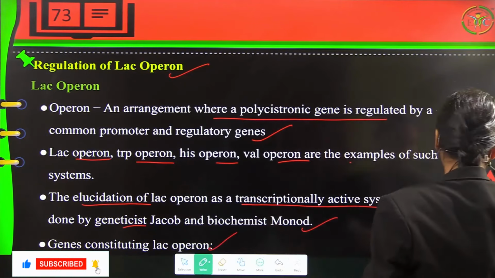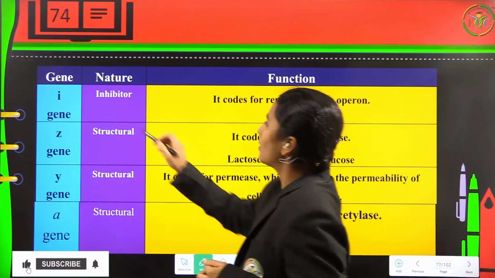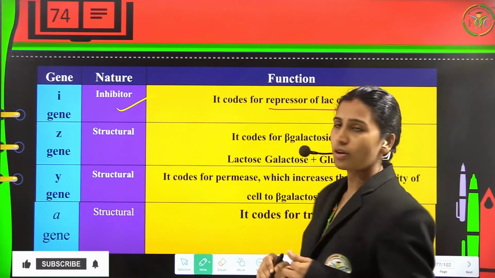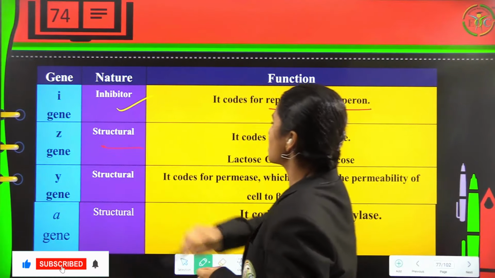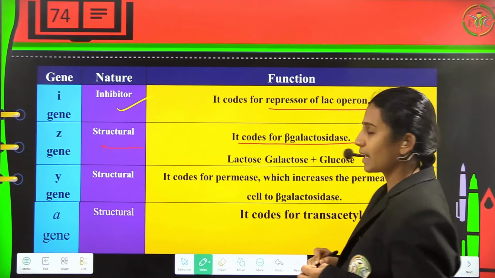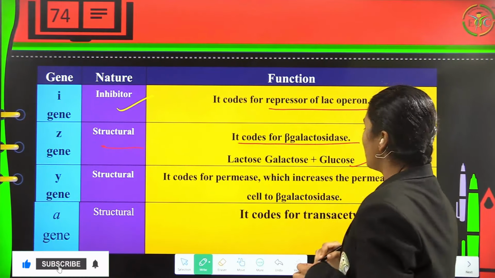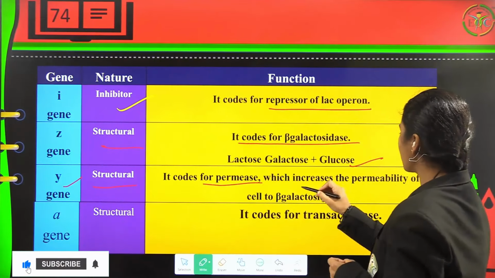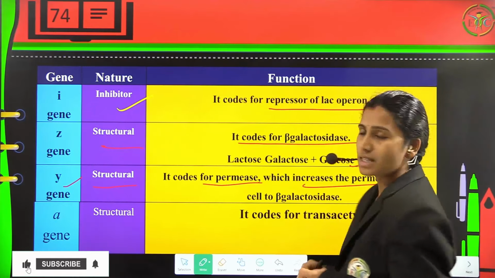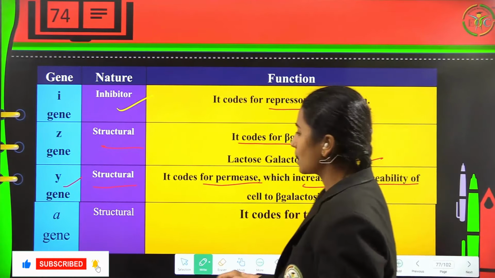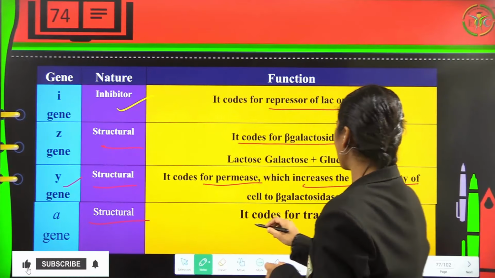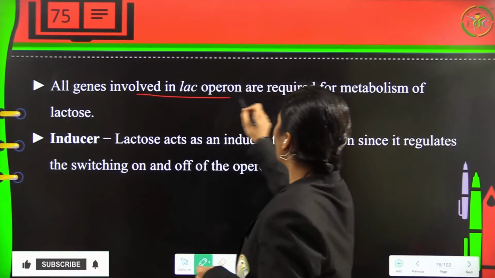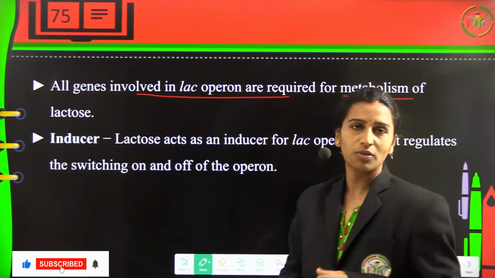The genes of the Lac operon were the inhibitor gene, the I gene, which coded for the repressor of the Lac operon; the Z gene, which was a structural gene and coded for beta-galactosidase, which breaks lactose into galactose plus glucose; the Y gene, also structural, which coded for permease, which increased the permeability of the cell to lactose; and the A gene, also structural, which coded for transacetylase. All genes involved in the Lac operon are required for metabolism of lactose.